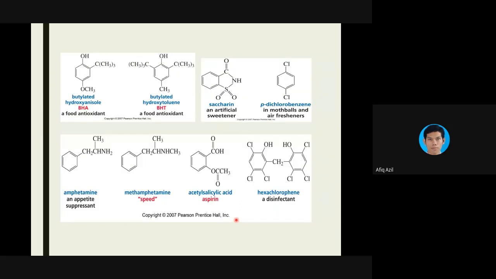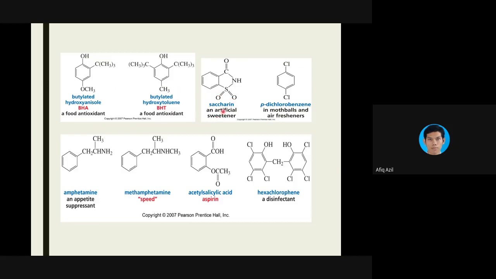Then we have this antioxidant used in food, BHA and also BHT, okay, to make your food last longer. So this can also be classified as a preservative, to make our food last longer.